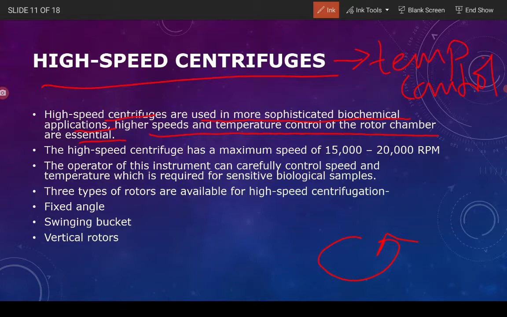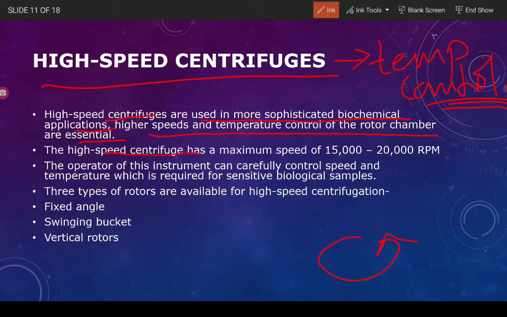If the temperature is not controlled, the particles or the biomolecules we are centrifuging could be destroyed by that heat, right? So temperature control is very much required in such high speed centrifuges.